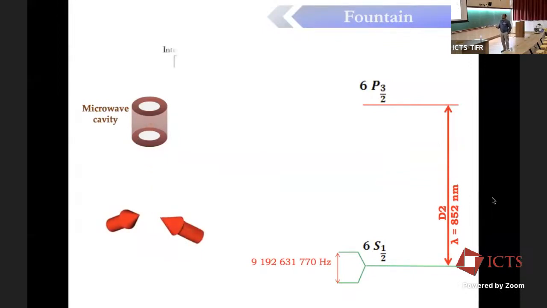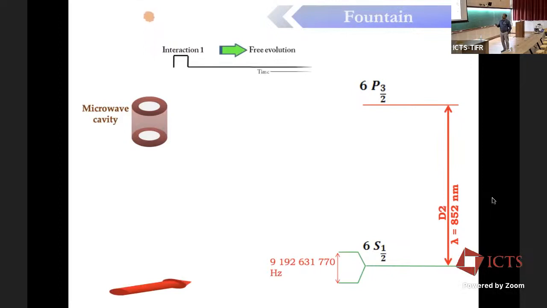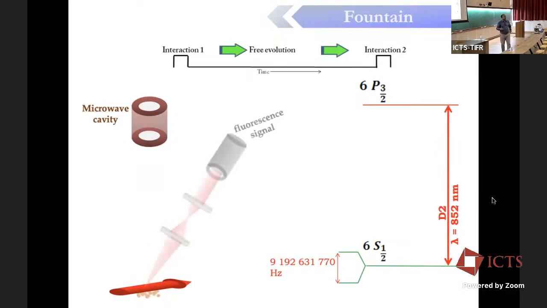While going upward, they interact with this microwave cavity. They reach a certain height, and from that height, they fall back due to gravity, through the same cavity. So then you have two interactions through the exact same cavity.